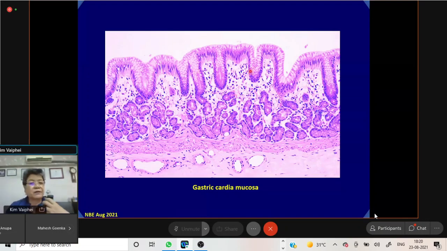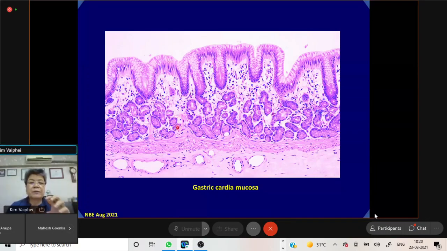The cardia tends to be usually slightly thinner compared to the other parts, but it may look very similar to a pyloric antral biopsy, because it does have the mucous types of glands and the surface lining, the foveolae. These are the pits, the foveolae. It's almost half the thickness of the mucosa. And so when one is going to talk about stomach, this is a gastric mucosa.